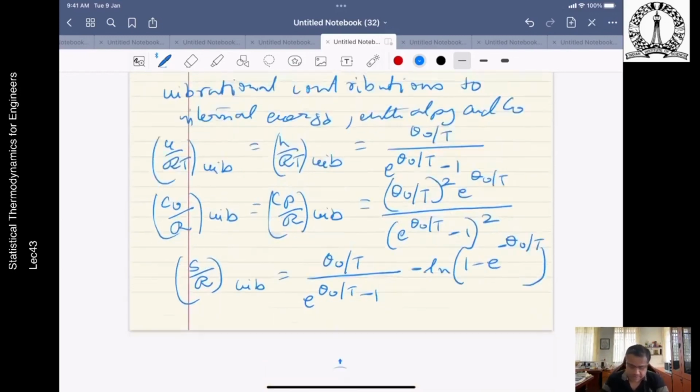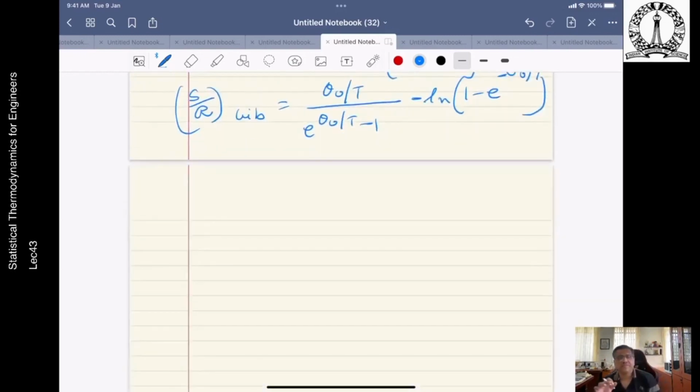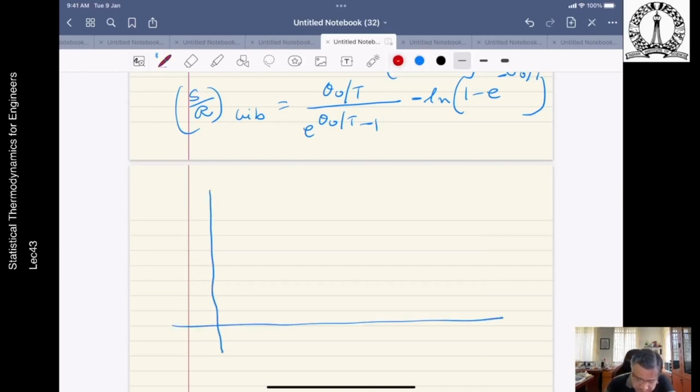The significance of these vibrational contributions to thermodynamic properties can be seen if I generate a plot, which will show this in a little more detail. This is T by theta v, and this will be the vibrational contribution to the internal energy or specific heat.